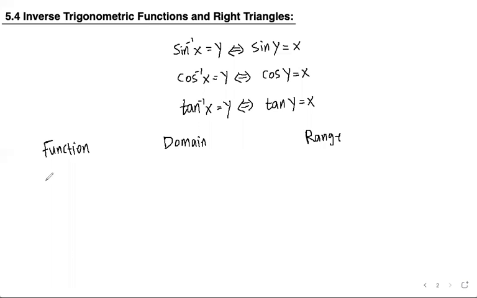Starting with the sine inverse function, the domain is from -1 to 1, and the range is from -π/2 to π/2.